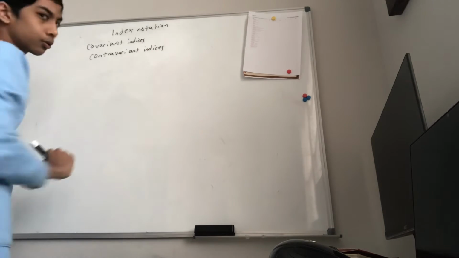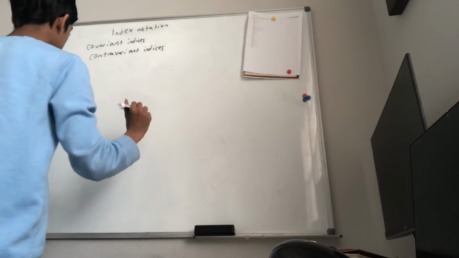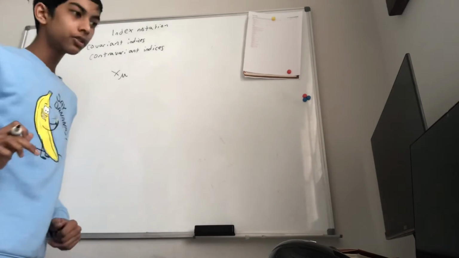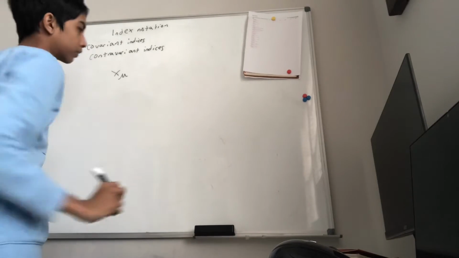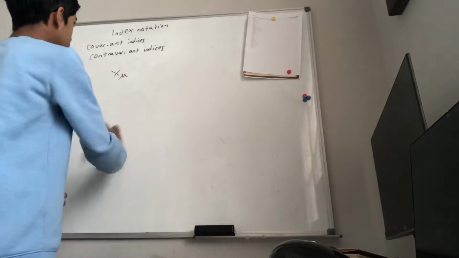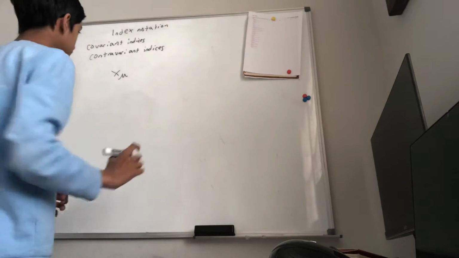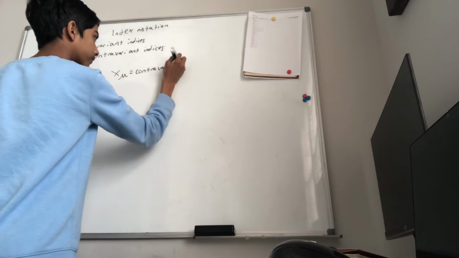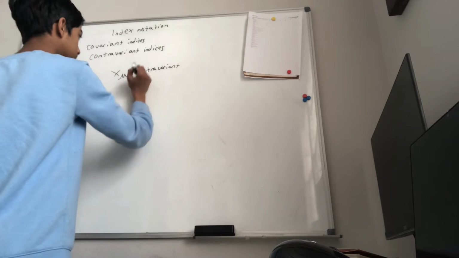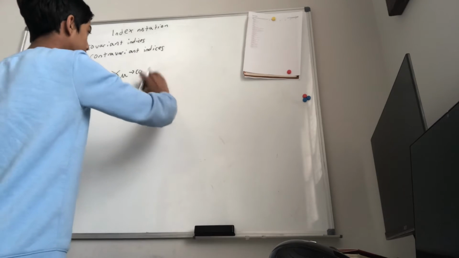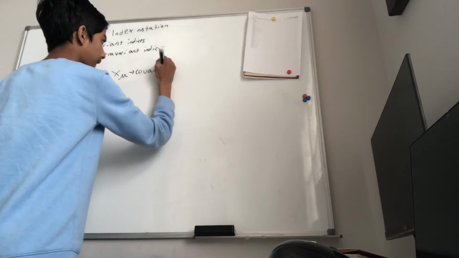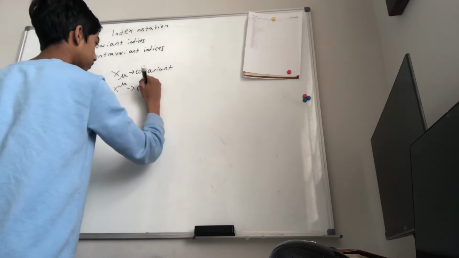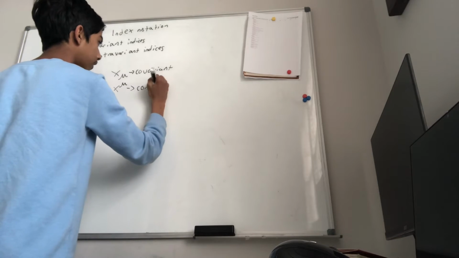So contravariant indices are usually denoted by x^mu. So basically we're using the mu to determine the components, and this is what a contravariant 4 vector would look like. And this x_mu is a covariant vector, not contravariant.